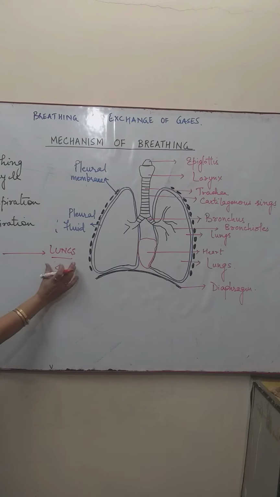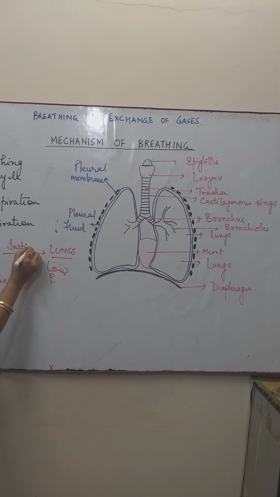So the movement is from high pressure to low pressure, and this is known as intrapulmonary pressure. So the one condition for inspiration is that the pressure within the lungs should be less than the outside, and that is known as a negative pressure within the lungs.